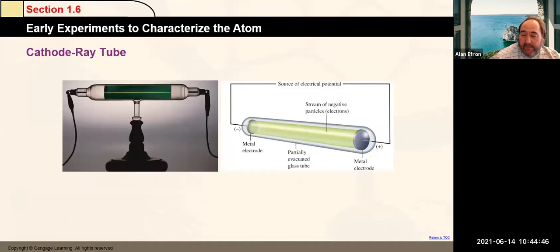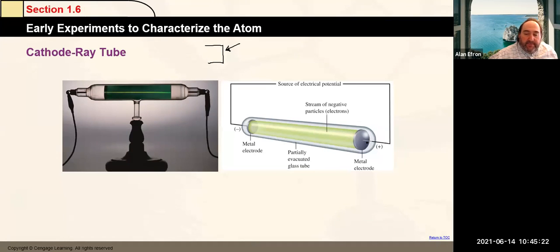Here's a picture of an actual CRT tube, a cathode ray tube. You may be familiar with it if you've ever seen an older TV that has the big back, not like a flat screen, but a big boxy back. Or older computer monitors that used to have these big backs. Those were CRT monitors and TVs, the picture tube in there. But basically, as you can see here, there's a metal that is negatively charged.